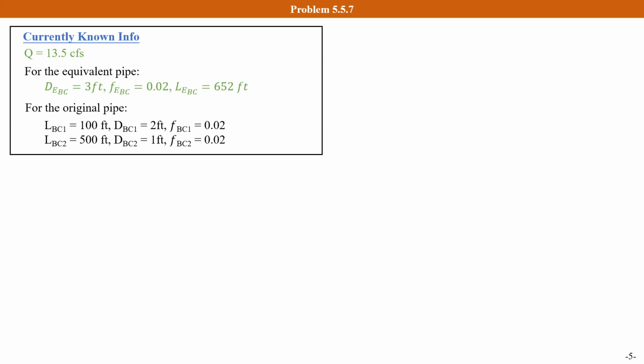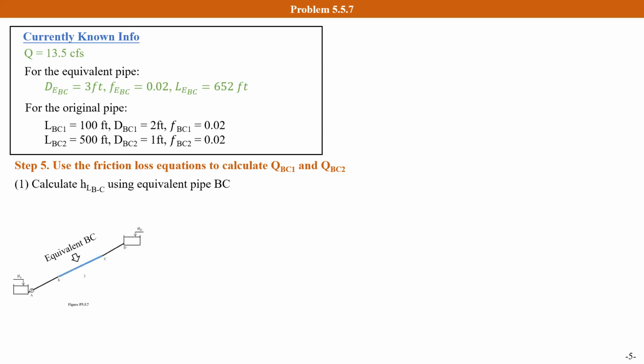For the equivalent pipe BC, we already know its diameter, friction factor, and length. For the original pipes, BC1 and BC2, we also know the values of these three parameters. Therefore, the next step, we can use the friction loss equation to calculate the flow rate in BC1 and BC2. Let's use the parameters of the equivalent pipe BC to calculate the head loss between B and C first.